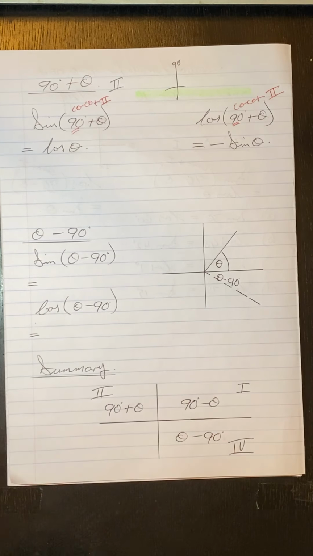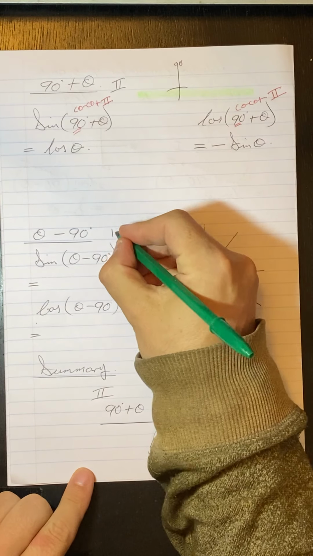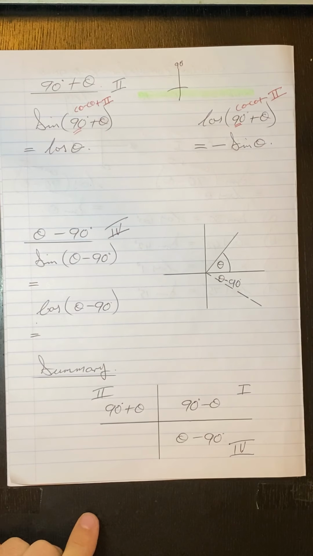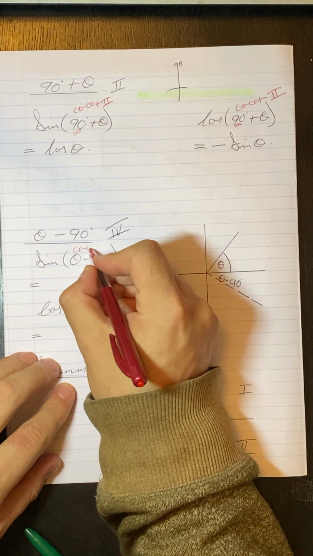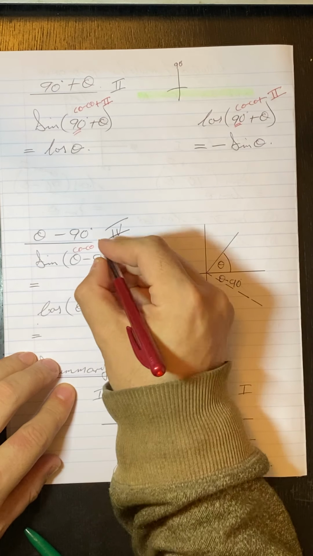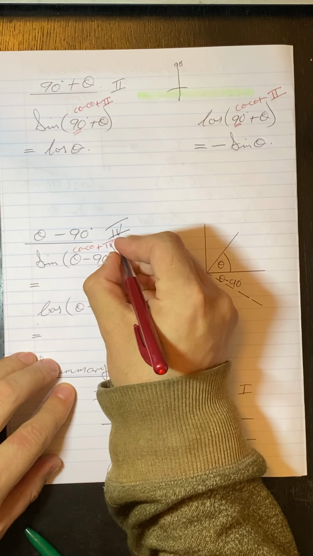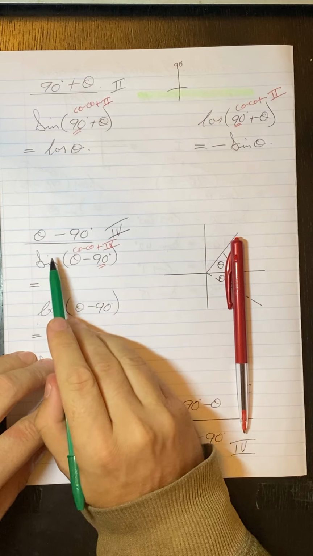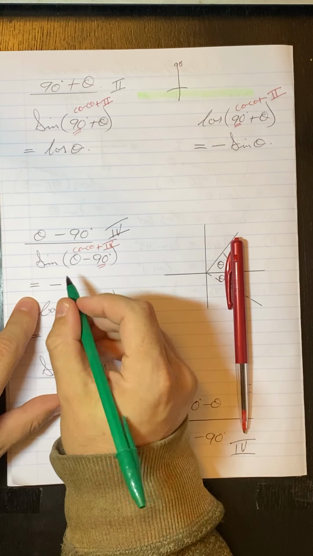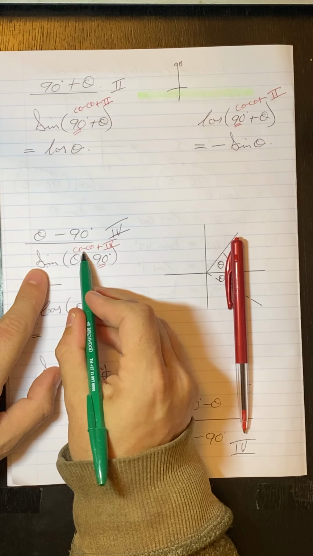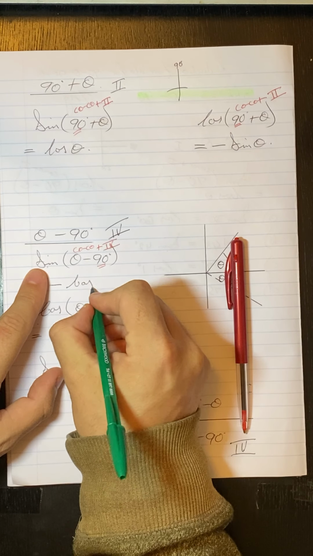You can see that this would be in the fourth quadrant. 90 is coco, and theta minus 90 is the fourth. So sine in the fourth we know is negative, but it'll change to cos theta.